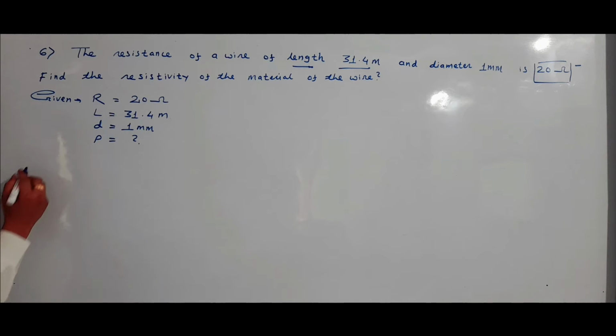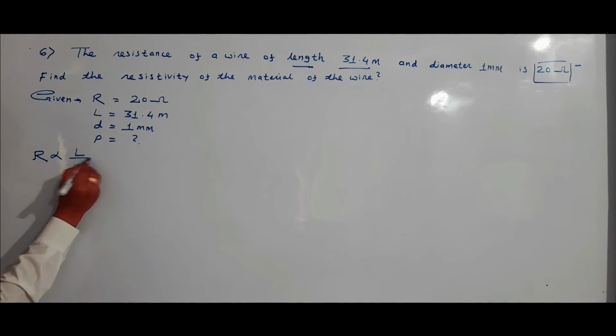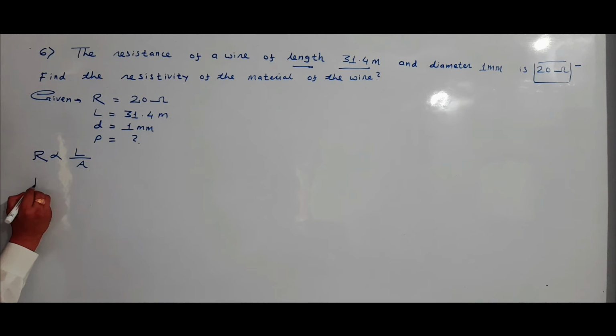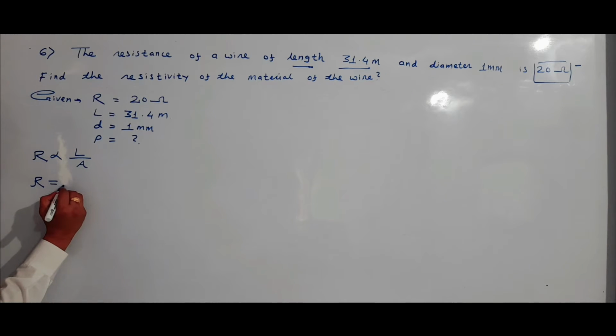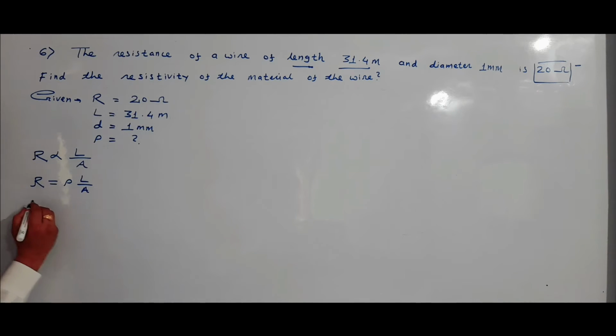Now my dear student, we know resistance is directly proportional to length and inversely proportional to area of cross section. We have to remove the directly proportional sign. So we will write R is equal to, we will put a constant and this constant is resistivity of a material into length upon area. We will take A to the other side of the equation.